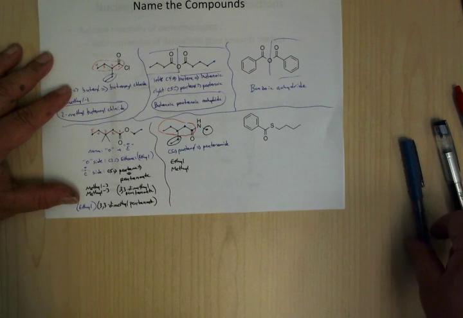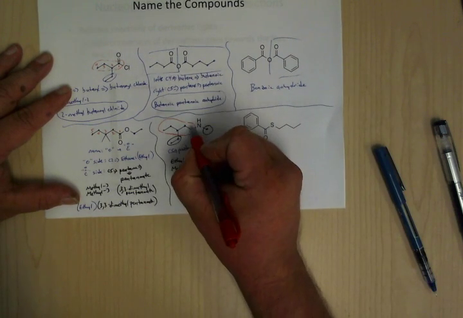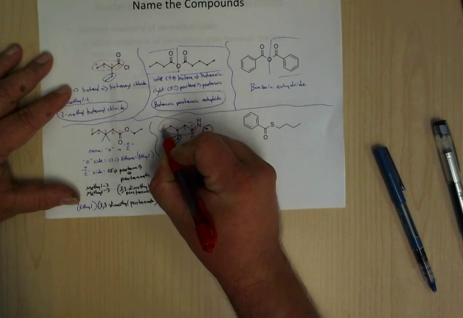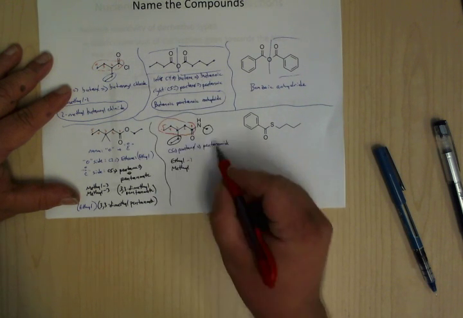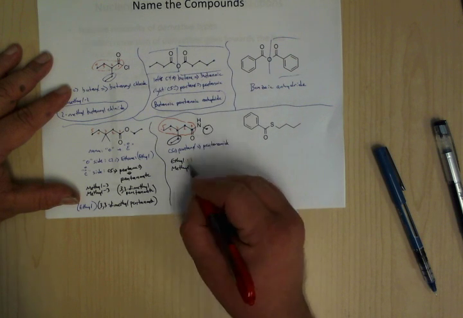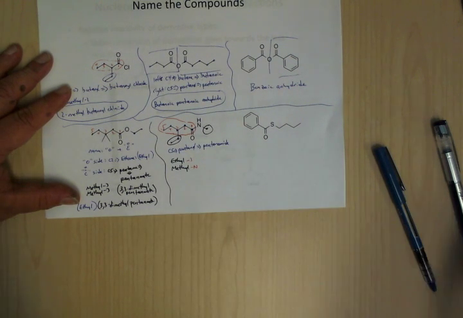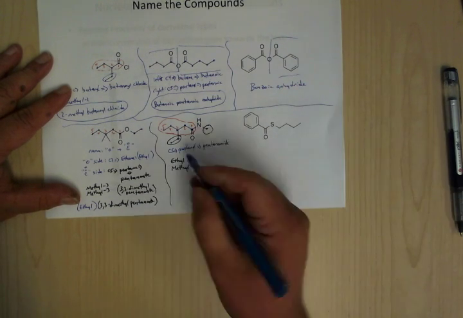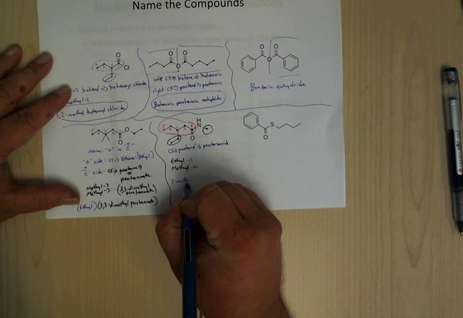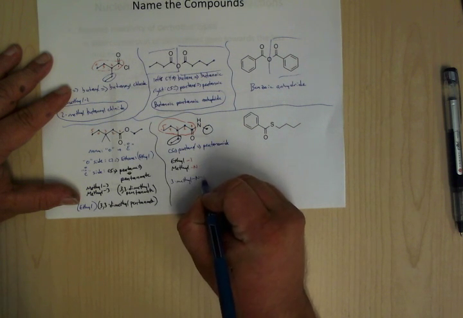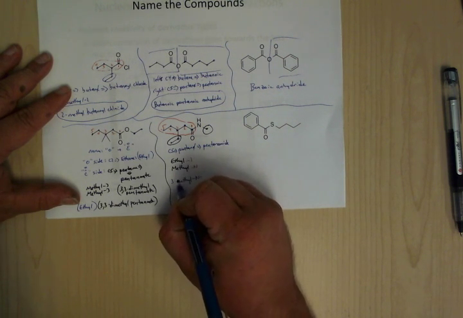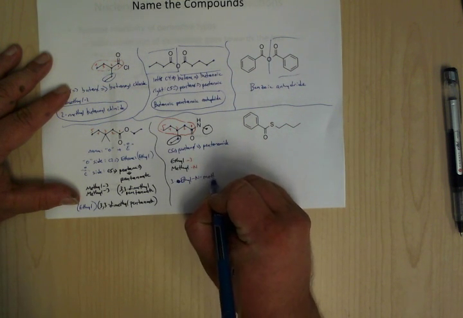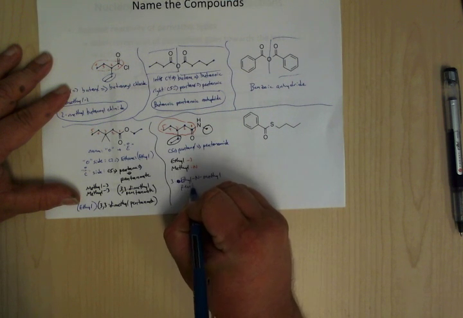So for the ethyl, the numbering again starts at the C double bond O, so 1, 2, 3, 4, 5, so that's hanging off of carbon 3, but the methyl is hanging off the nitrogen, so we say that's N. Ethyl comes before methyl, so it's going to be 3-ethyl-N-methylpentanamide.